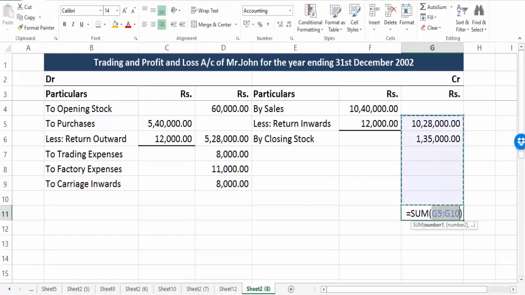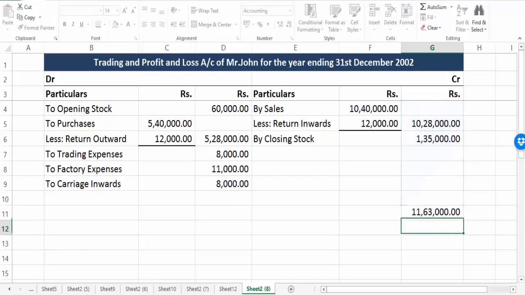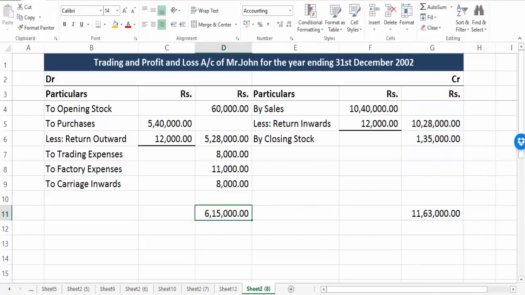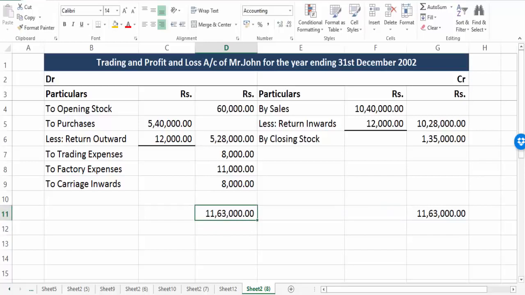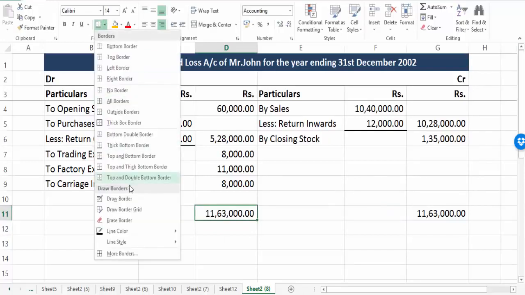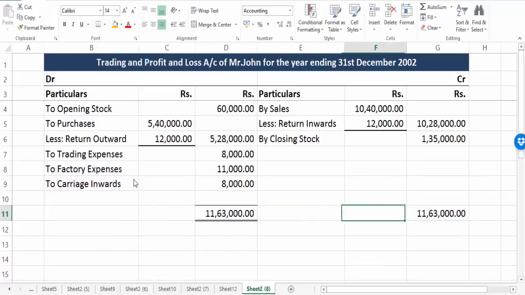So now we'll try to see in which side we have higher total. Let me do the totaling. On credit side, total is 11,63,000. On debit side, it is 6,15,000. So credit side we have higher total. So this should be totaled. Now we have to find out the balancing figure, which is on debit side.